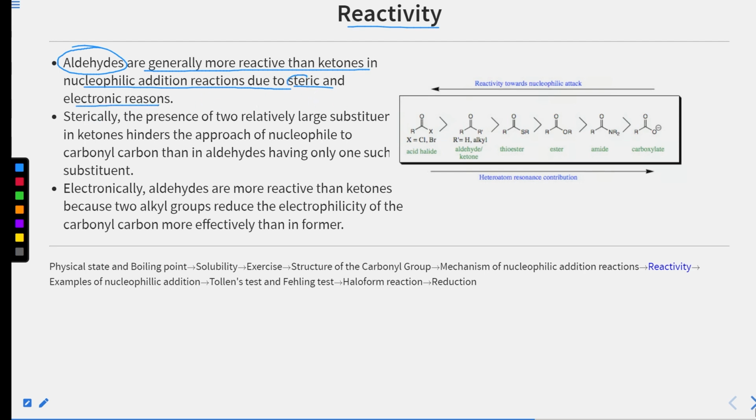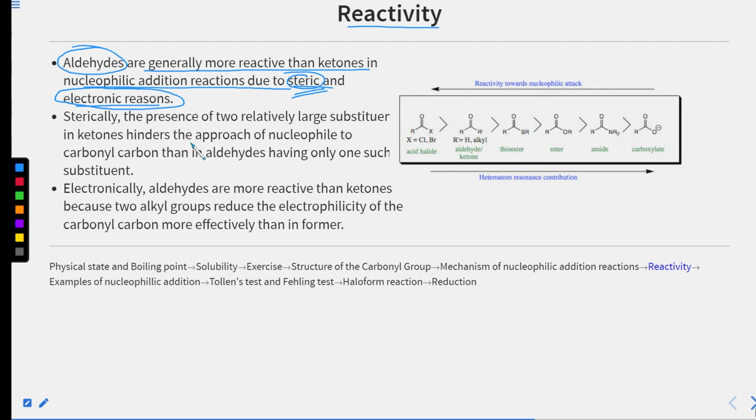Now one more reason comes here, the steric reason. The reason I have told you just now, the electronic reason, is the change in charge, or you can say the difference in charge distribution. Now what is the steric reason? If you compare an aldehyde and a ketone, you will see that in the case of ketone we have R on both sides, or an alkyl chain on both sides. If we compare it to aldehyde, we have R on one side but H on the other side.